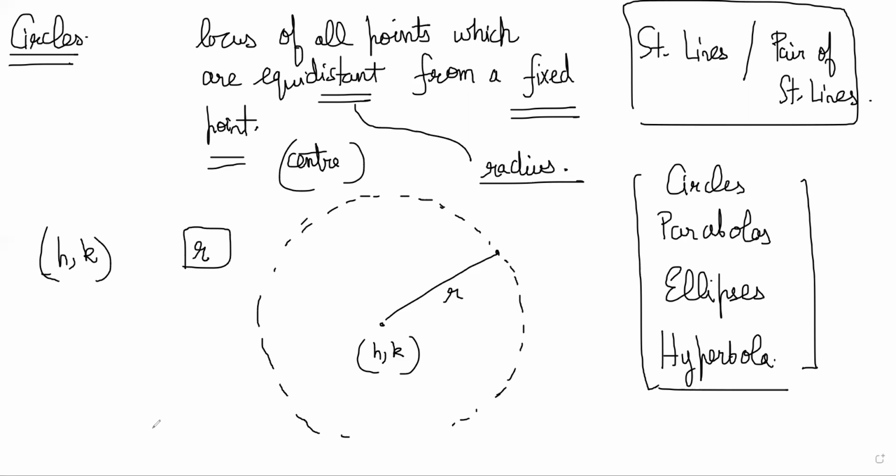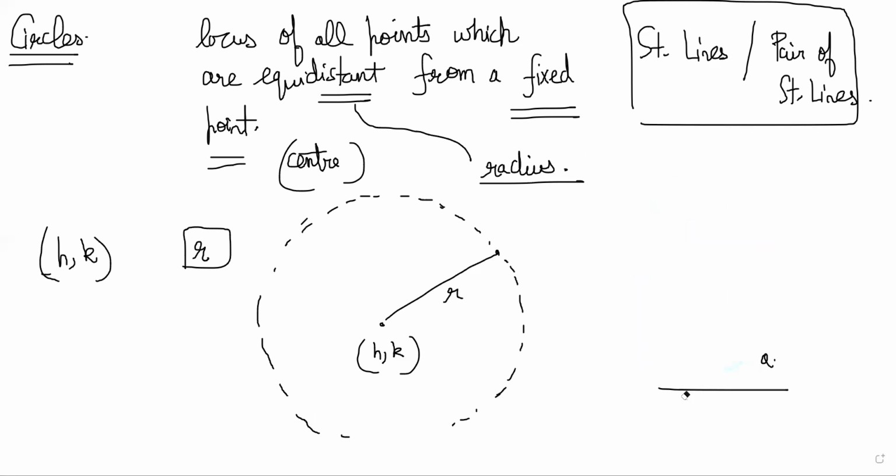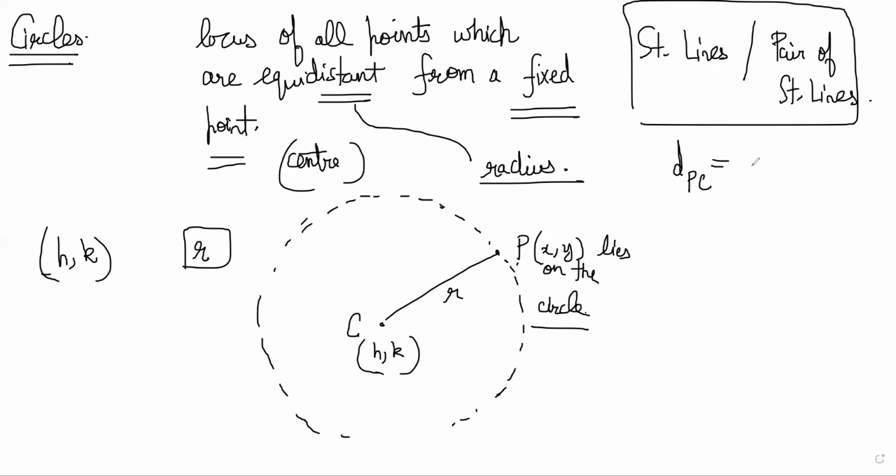So the condition you can write here is that if any point P (x, y) lies on the circle, then obviously the distance of P from the center h k should be equal to r, right? So we can say distance PC should be equal to r.